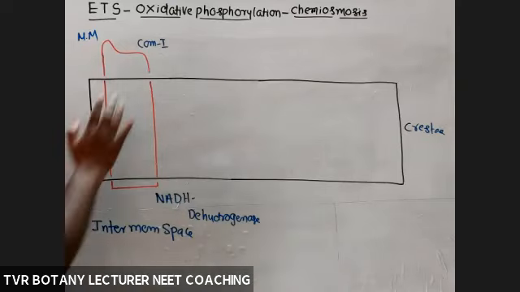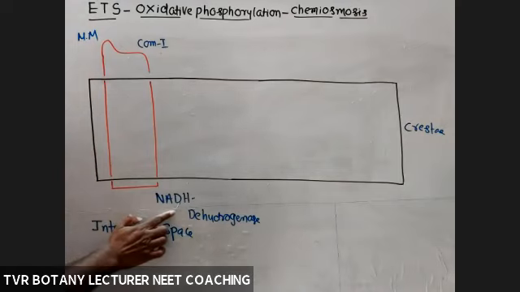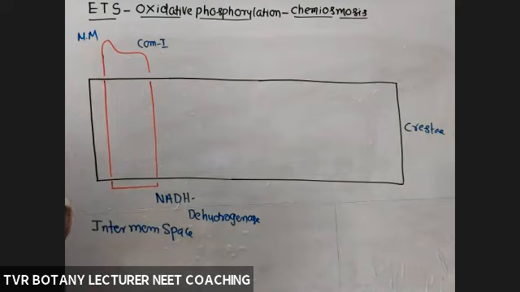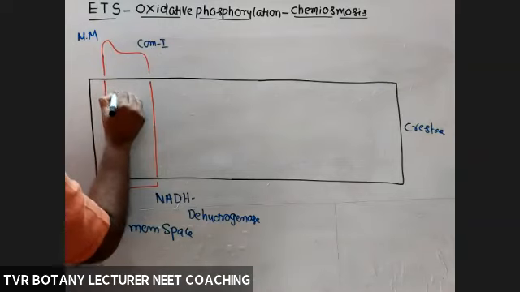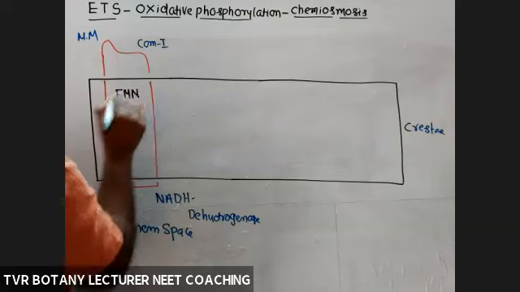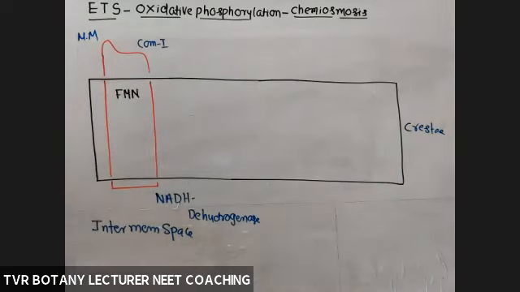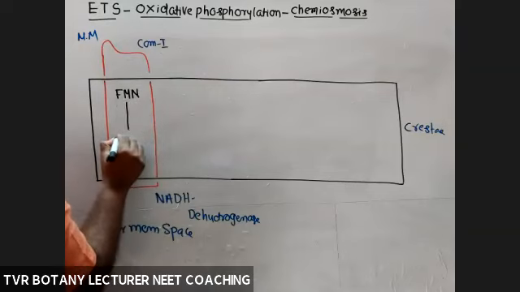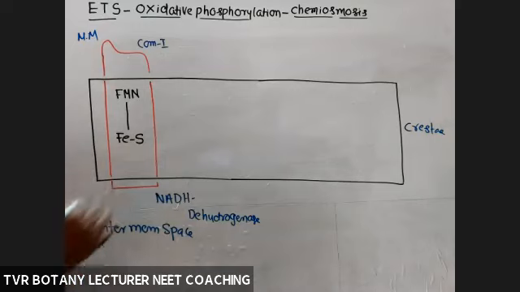Okay, and this enzyme is a holoenzyme. And what about the prosthetic group of this enzyme? So this enzyme is with a prosthetic group, that is FMN, flavin mononucleotide, and with a certain number of iron sulfur centers.